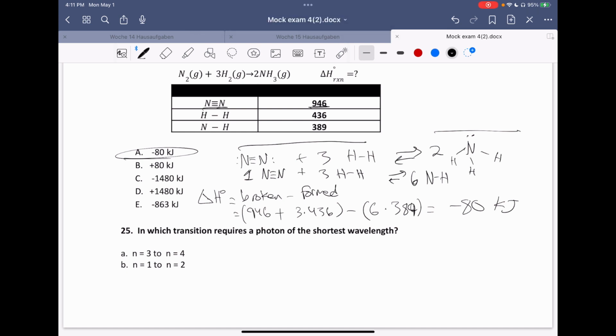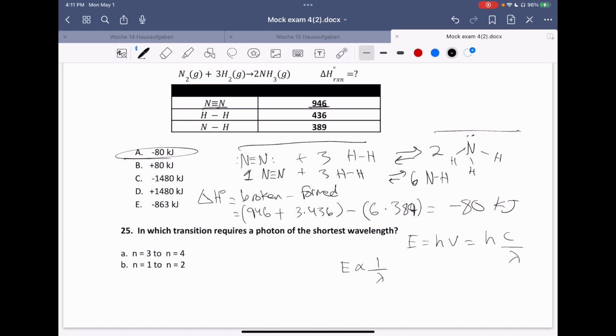Okay, so remember this equation: energy is equal to Planck's constant times the frequency, which is equal to h c over lambda. So we know that the relationship between energy and wavelength is inversely proportional.